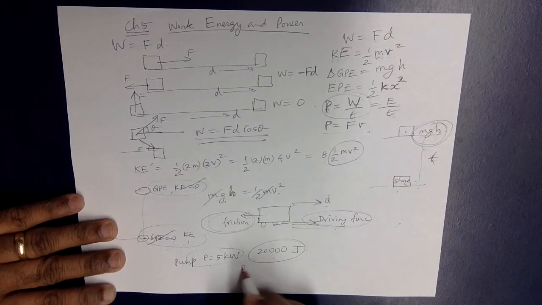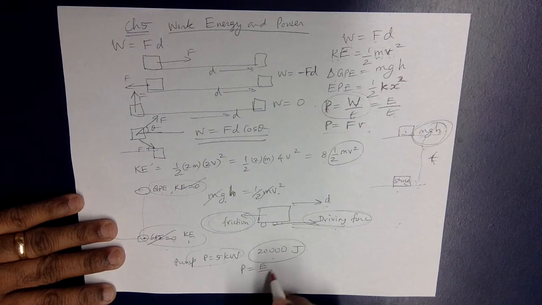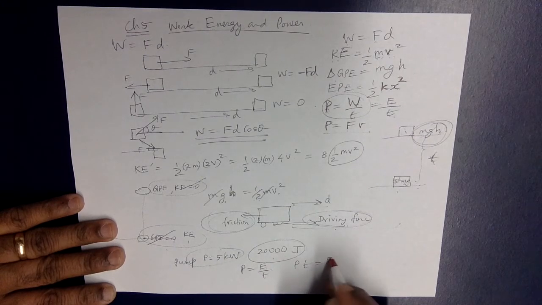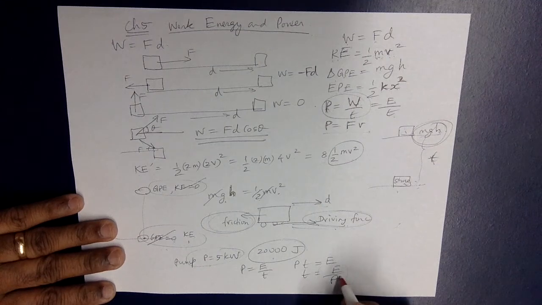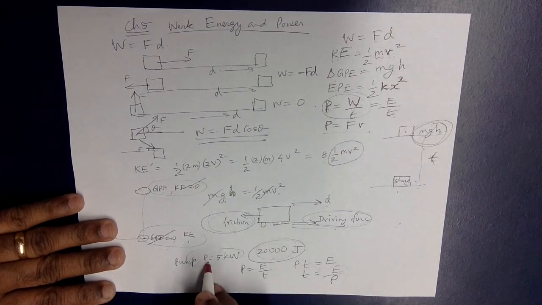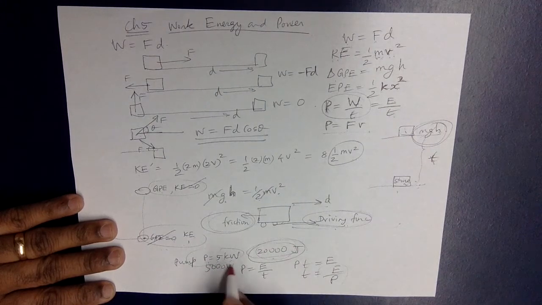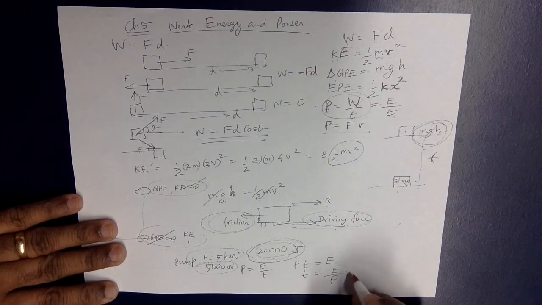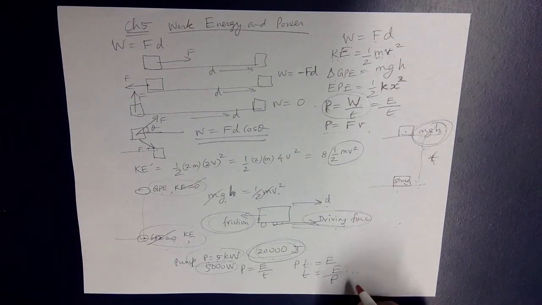So what you do is, power is energy over time. If you cross multiply, you get power times time is energy. So what is time? It's energy over power. So you should be able to divide it and see how much time it takes, so 20,000 divided by, now 5 kilowatt is 5,000 watts. So it will be 20,000 divided by 5,000, that will be 4 seconds. So you should be able to work problems of that kind.